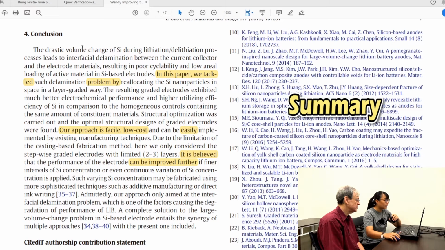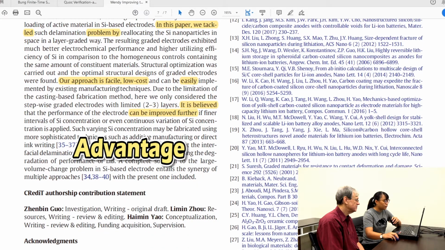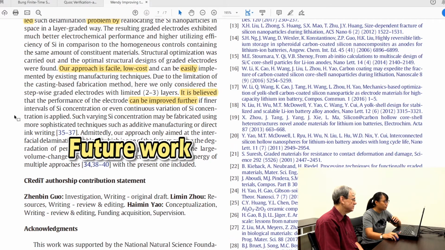That means they describe the highlights in the first sentence, and then they give a summary that they really did it well. The next one is that our approach is faster and low cost, because through the calculations they achieved the research goal. And now they said it is believed that the performance of the electrode can be improved further.